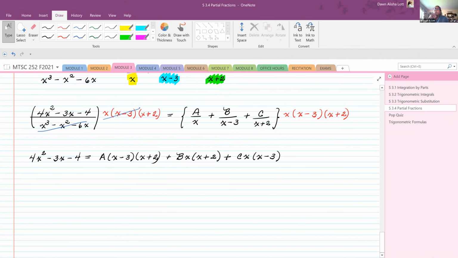Okay, again, this method is a whole lot less memorizing all kinds of formulas and stuff. You do have to know what to do in what situation, but it's a lot easier. Okay, so now let's use our roots. Remember, we got to use our roots.